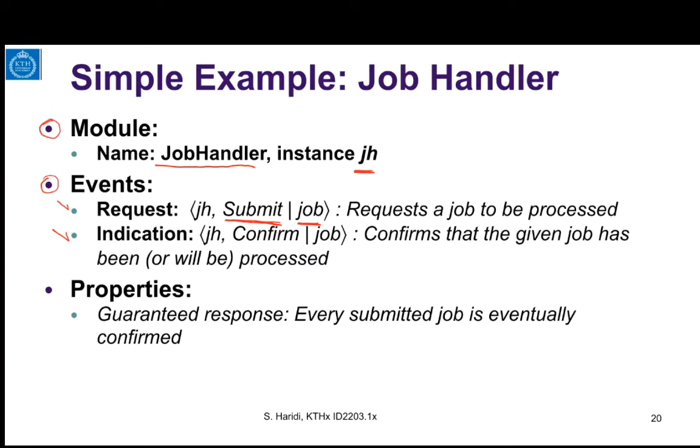An indication event is an event confirming that the job has been or will be processed. We call it a confirm event, and it will also have an identifier for the job. We use as a convention the instance name to denote what component we are referring to, JH in this case.